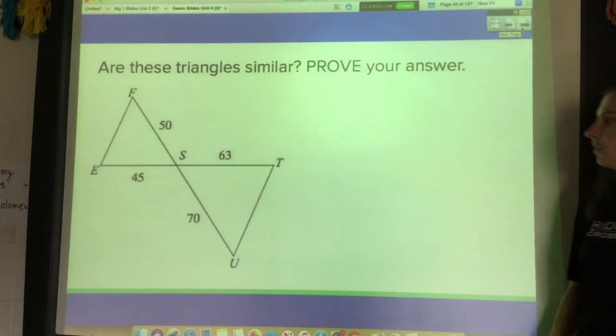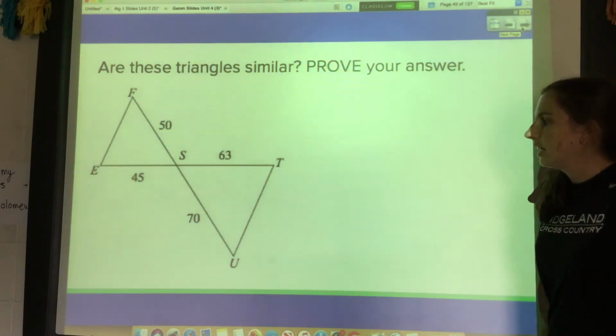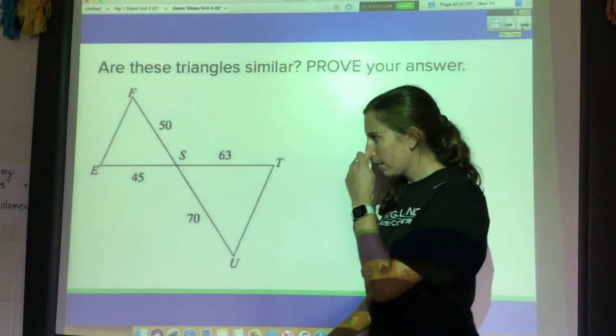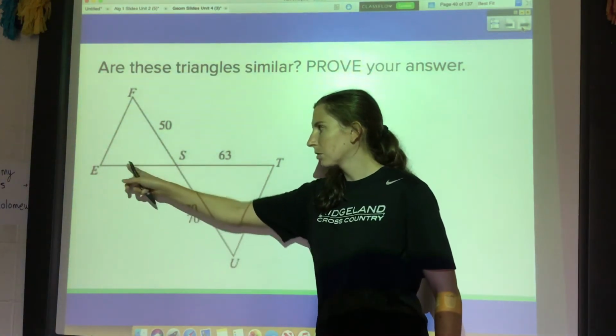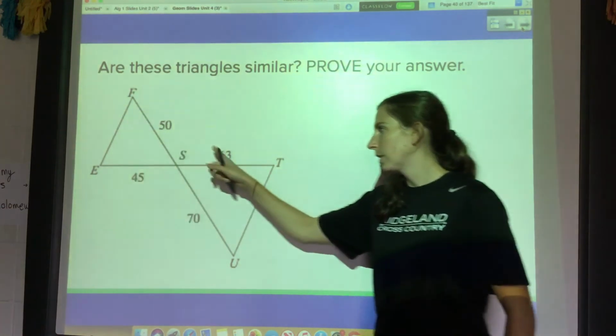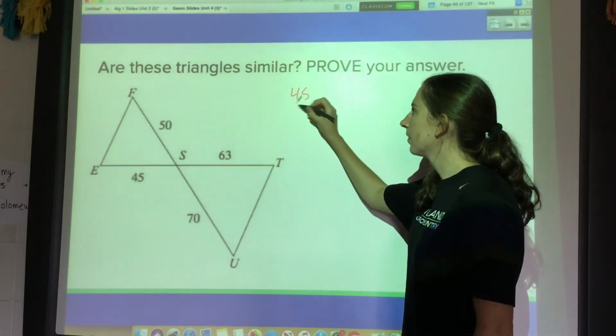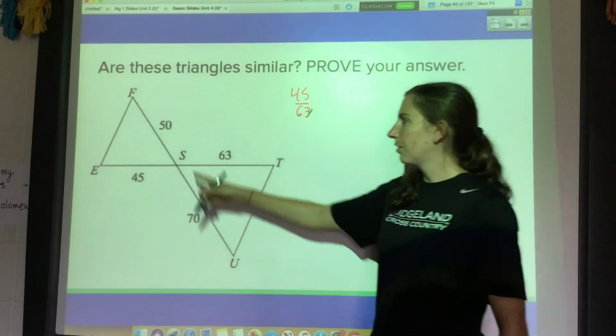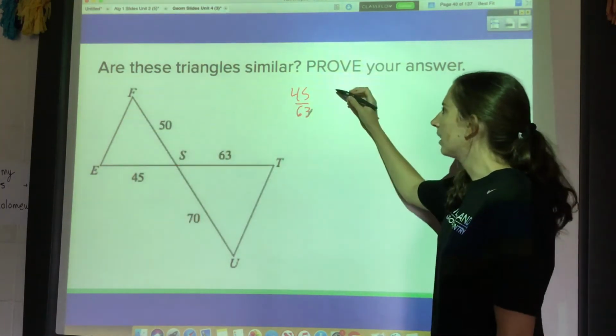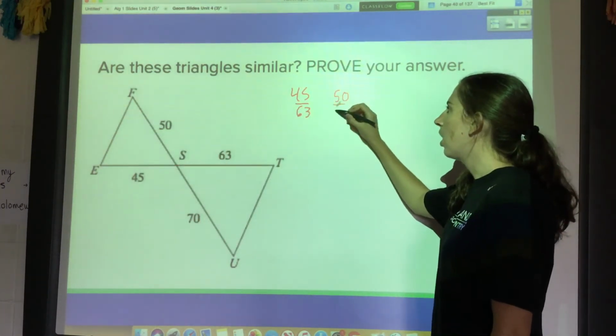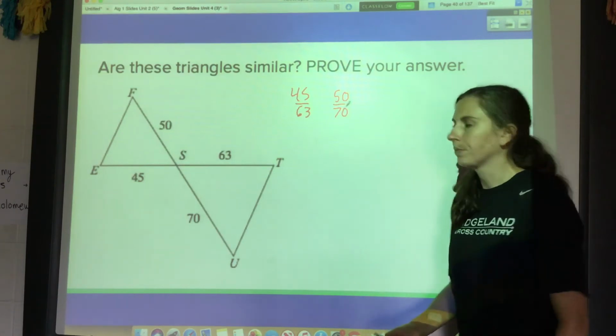On this one, it gives me 45 is the smallest one here, and that goes with 63. And 50 to 70 kind of goes together. Are those the same ratio?